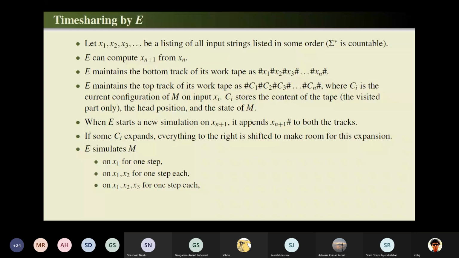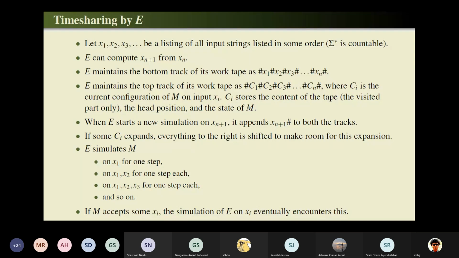So this is what is meant by time sharing. It's not an efficient process, but given such a primitive machine, what else can you expect? But this concept you remember. If you accept some xi, the simulation will eventually detect it.